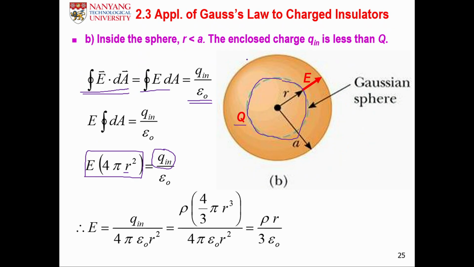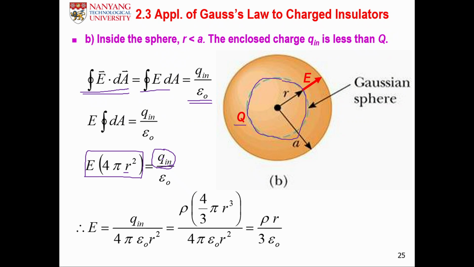Now, this is the charged object, and this is the Gaussian sphere. So the Gaussian sphere is inside the charge. That means only part of this capital Q is inside the Gaussian surface, right? Not all the capital Q. So how can we determine this Q in?